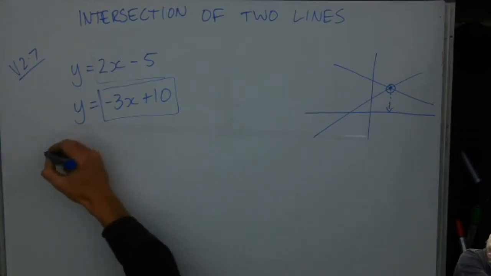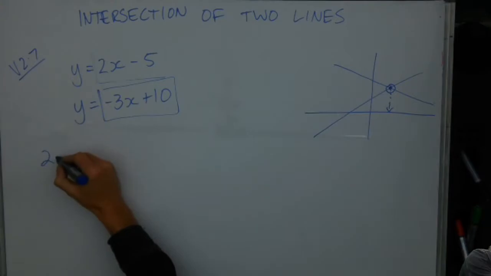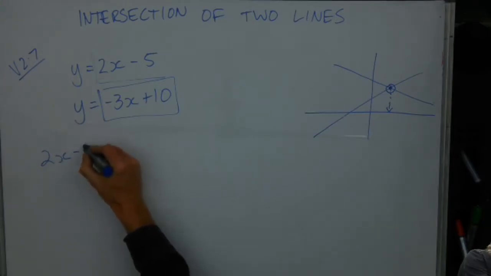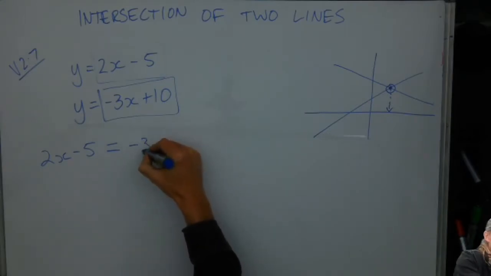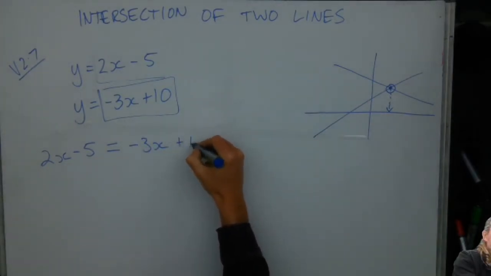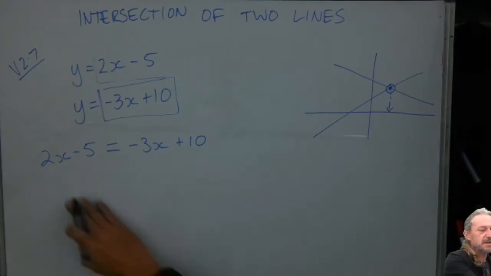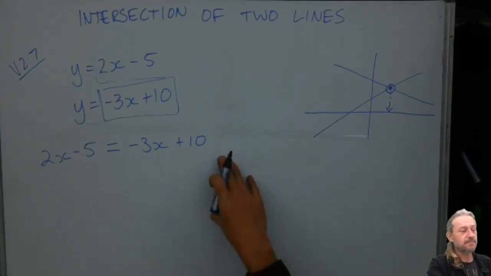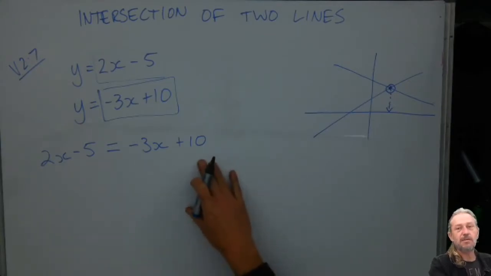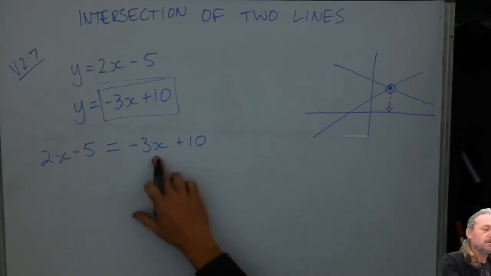So we write it out, 2x take away 5, and we want to know when it equals negative 3x plus 10. So we've sort of seen stuff like this when we were collecting like terms, some of the more complicated ones where we were just solving for x.